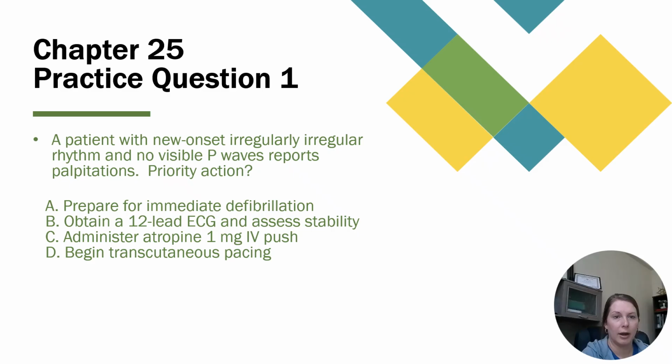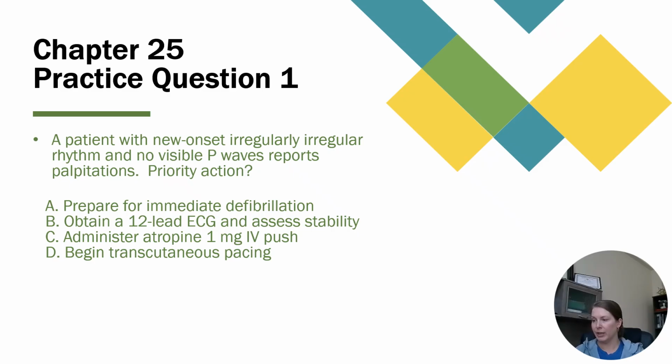Alrighty, so our practice questions: a patient with a new onset irregular rhythm with no visible P waves reports palpitations. Our priority action: this patient sounds like they're stable.